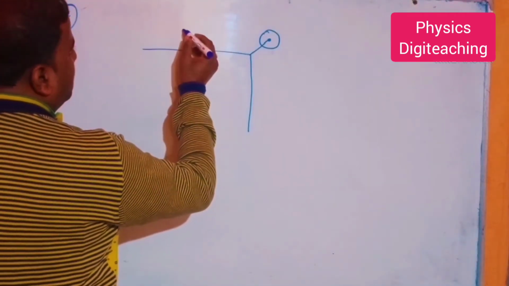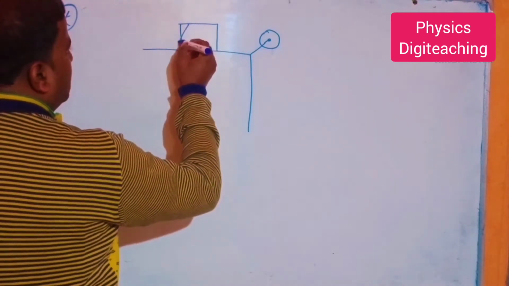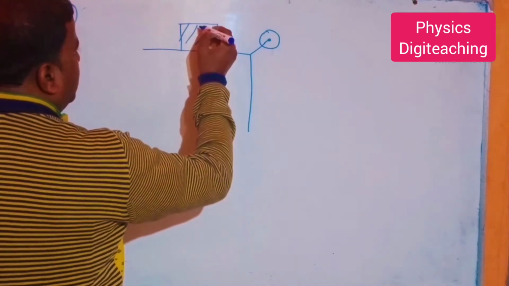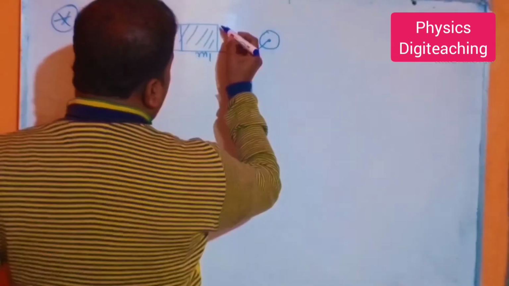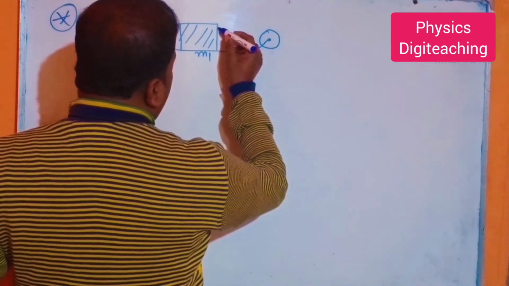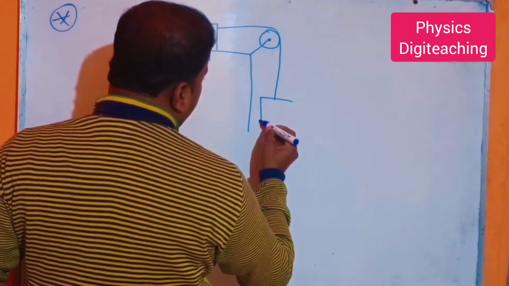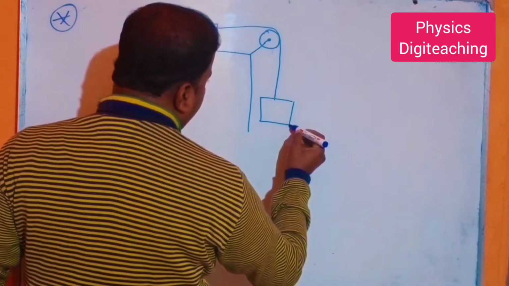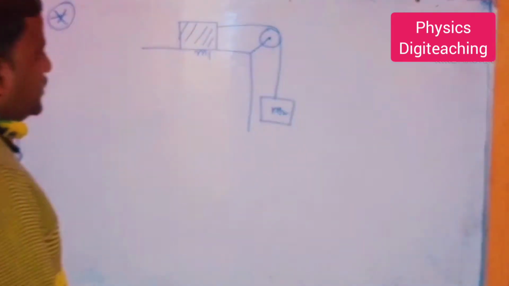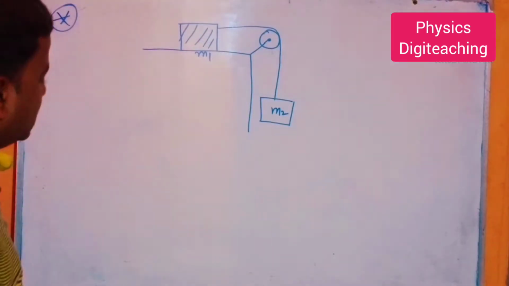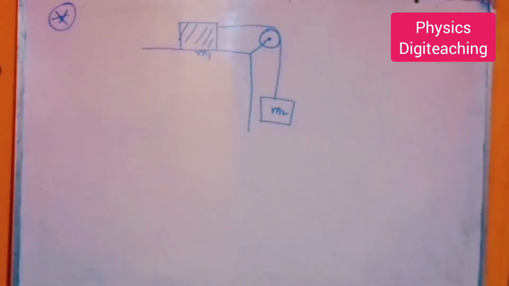On the table here is a body of mass say m1, and two masses are connected by a massless rope. This mass is m2. m2 is hanging from the rope and m1 is on the smooth table.